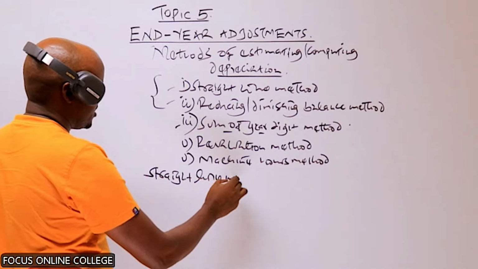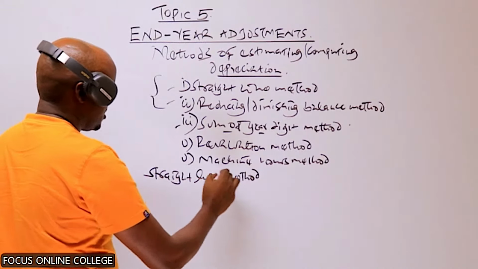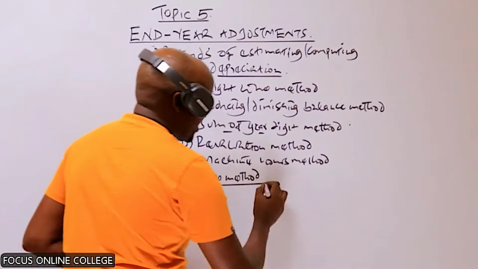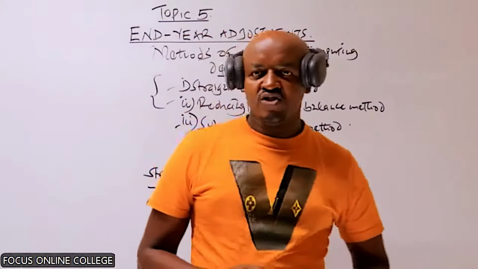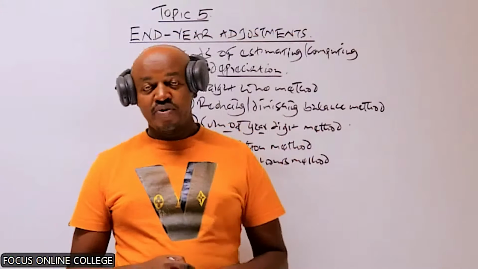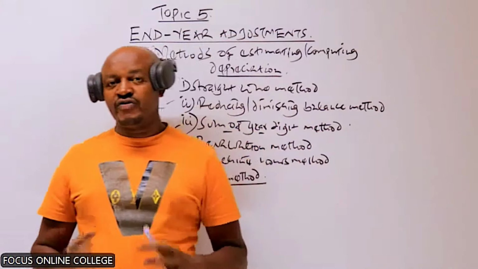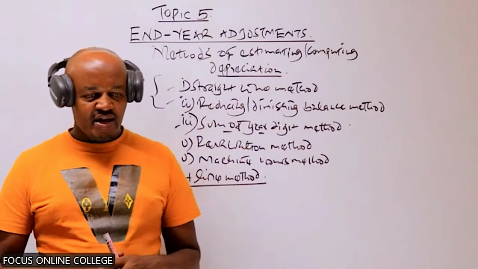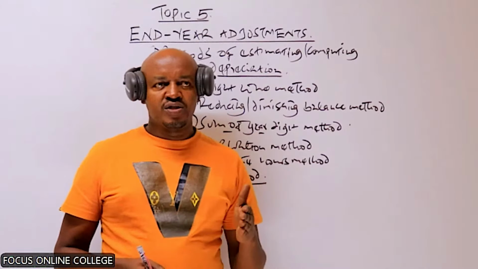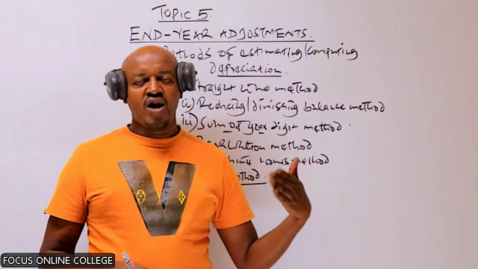The straight line method. Under this method, we compute the depreciation based on the cost of the asset. In other terms, an asset is assumed to lose value uniformly throughout its useful life.